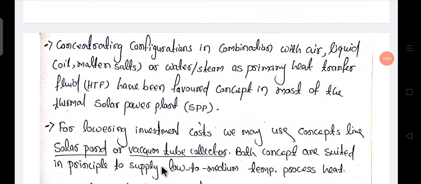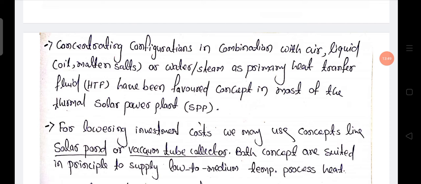Now let's discuss those collectors briefly, okay. The concentrating configuration in combination with air, liquid, metal, oil and metal salts, or water steam as primary heat transfer fluid, has been the favored concept in most of the solar thermal power plants.